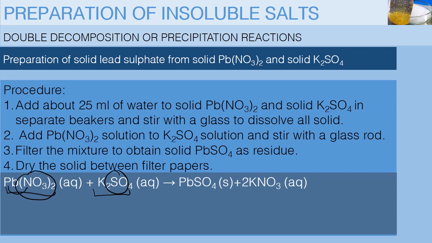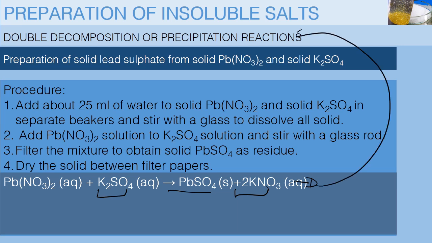Lead, which contained the nitrate, now contains the sulfate. Potassium, which contained the sulfate, now contains the nitrate. They have exchanged the radicals. And this process where two salts exchange their radicals in solution is known as double decomposition or precipitation.